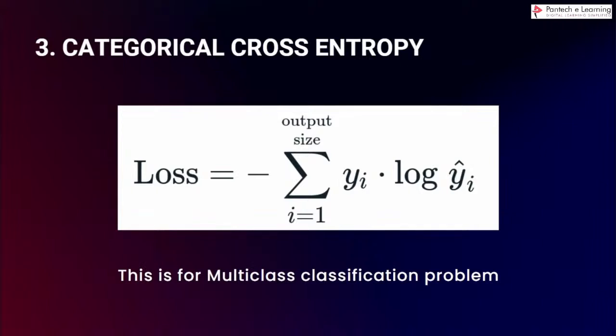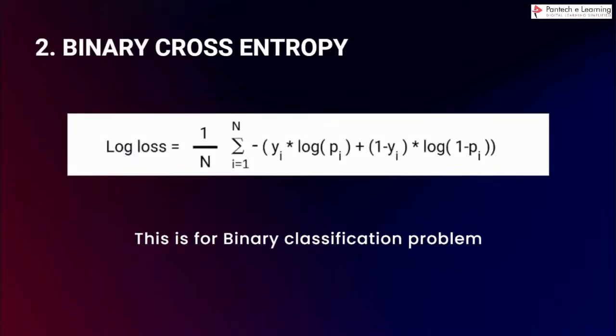And before going into the next one, let us see a recap of when to use which one. Once again, if you have a binary classification problem, you will be using activation functions like ReLU and leaky ReLU in the hidden layers, sigmoid in the output layer, and the loss function you will be using is binary cross entropy because it's a binary problem.